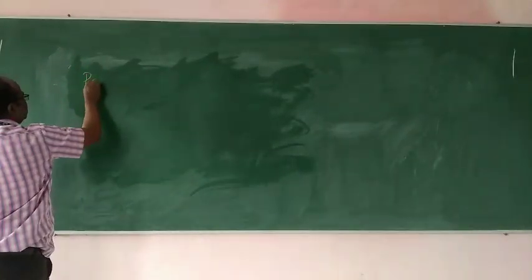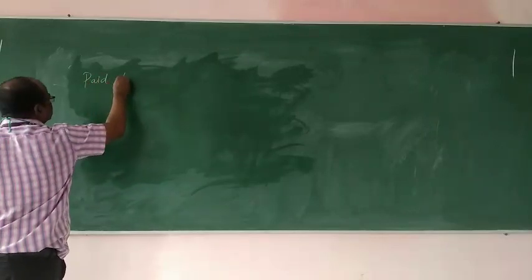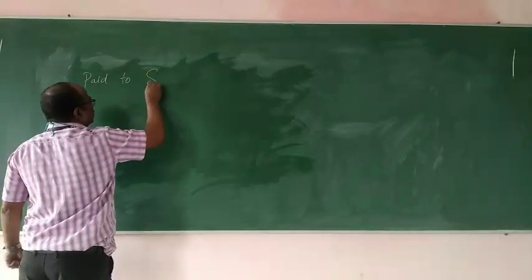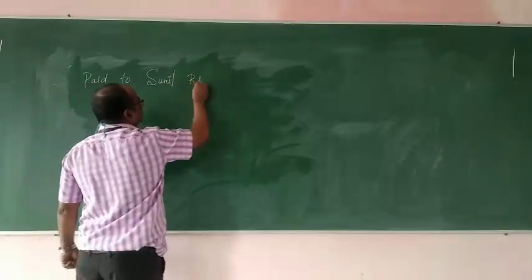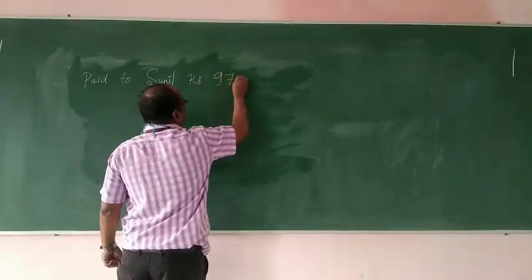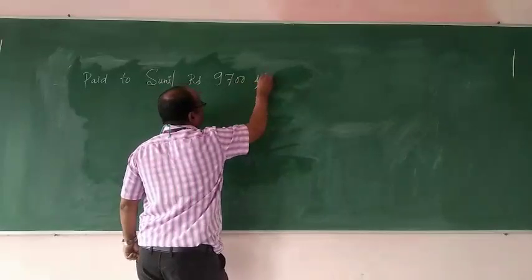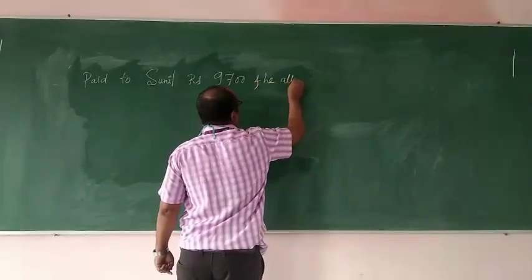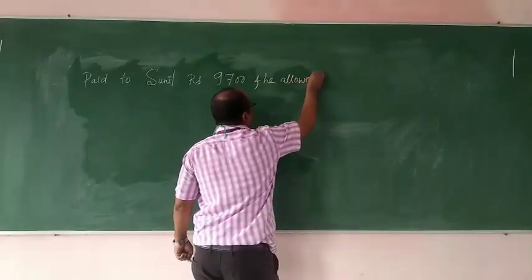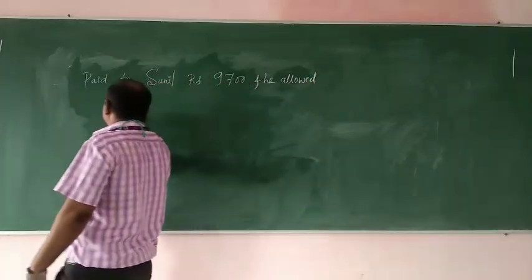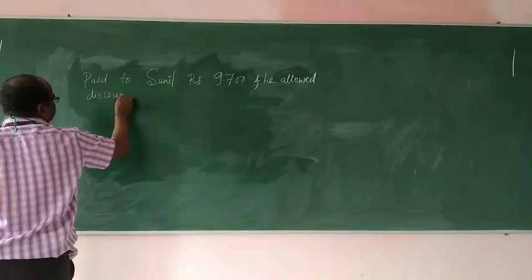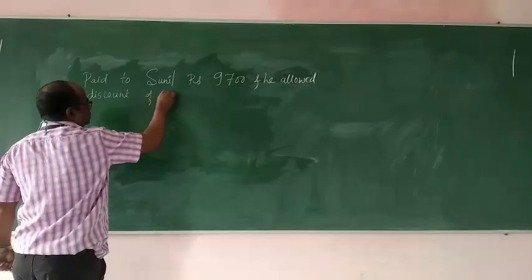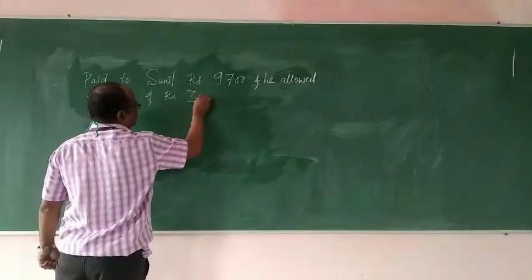Paid to Sunil rupees 9,700 and he allowed discount of rupees 300.